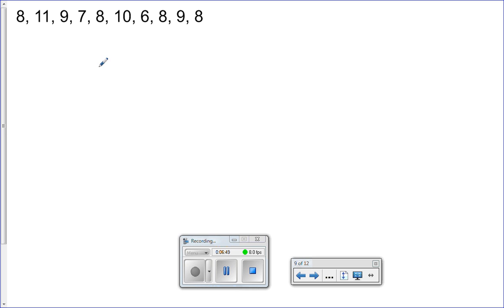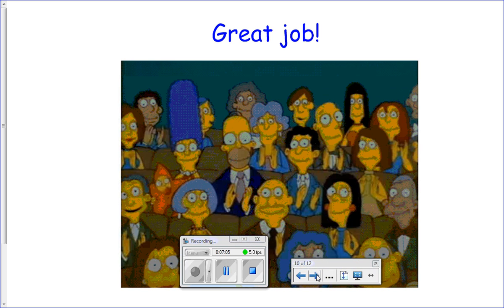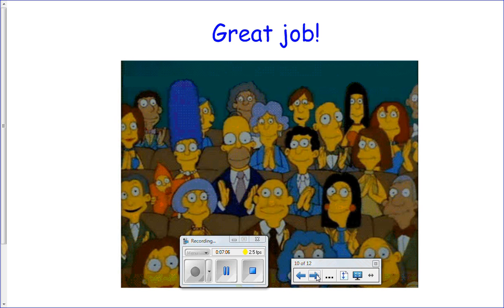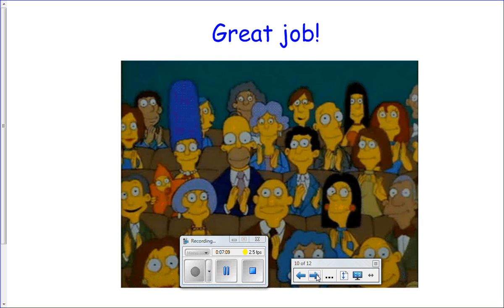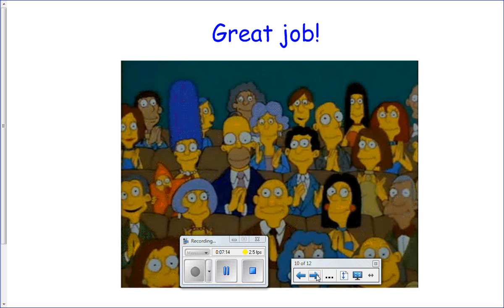Again, consider what you need to do with this list of numbers before you can start finding the median. Okay, and if you were able to survive getting through those last two, great job. And we'll certainly go over the answers in class tomorrow.